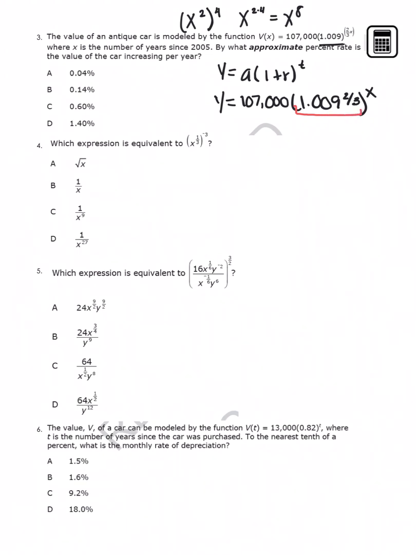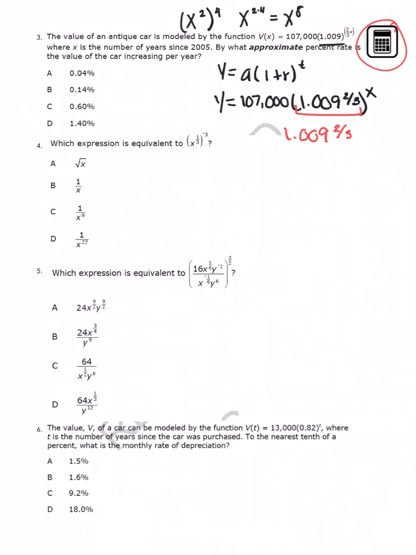We're going to take 1.009 and raise that to the 2/3 power, and then get that decimal. Since it is calculator active, I'm going to switch out and grab the decimals calculator to solve this problem, and then I will be right back.